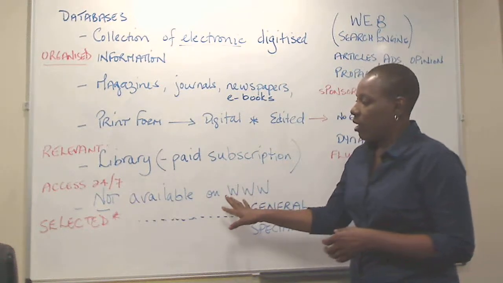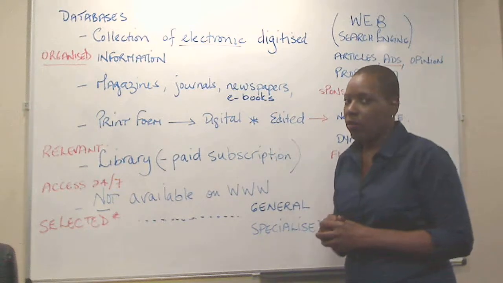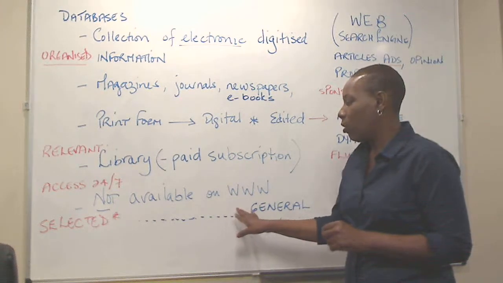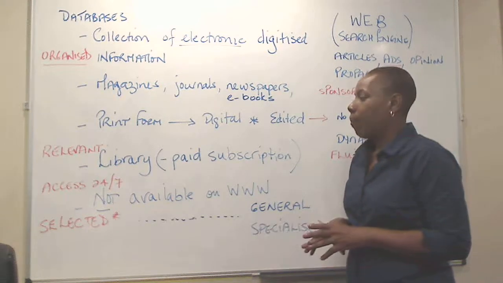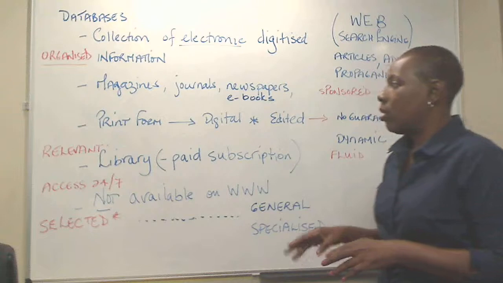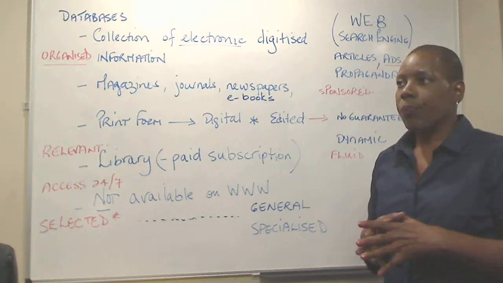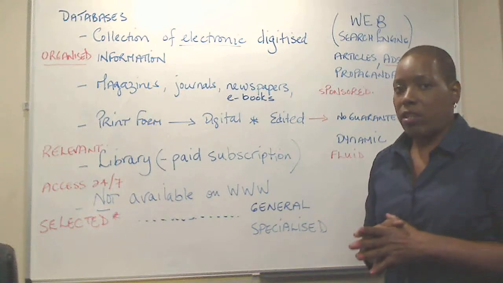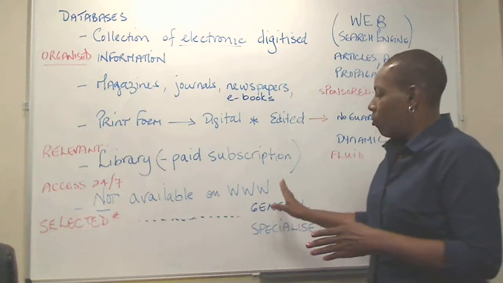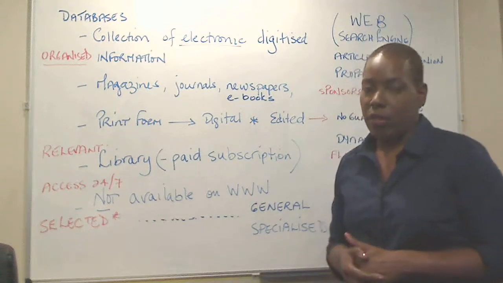First thing we notice here is that the information available on the databases is not usually available on the World Wide Web, mainly because these databases are, as I said, specific to subject areas and specific to focused areas of study. So, to break it into two categories, we have general and specialized databases.